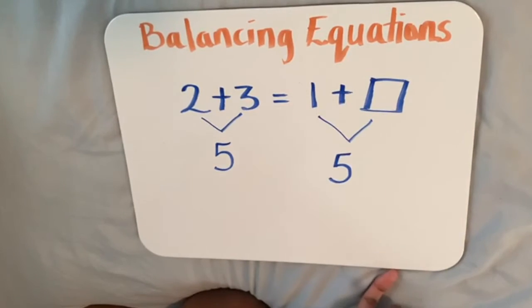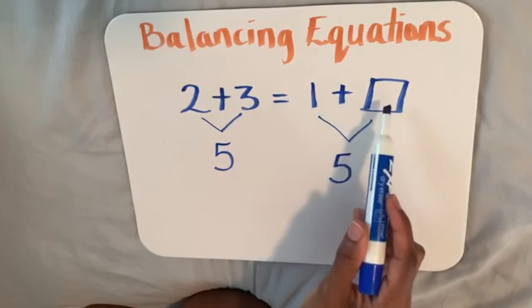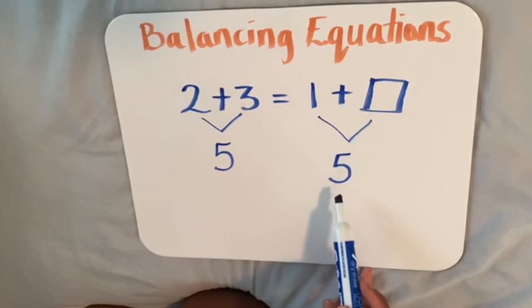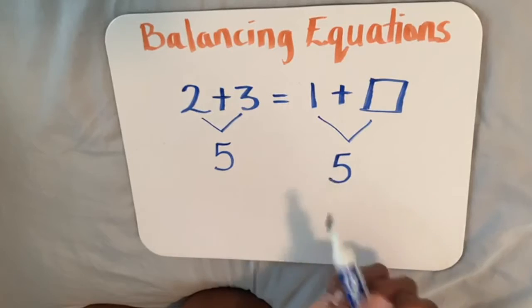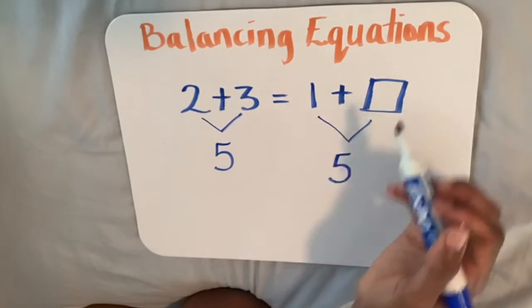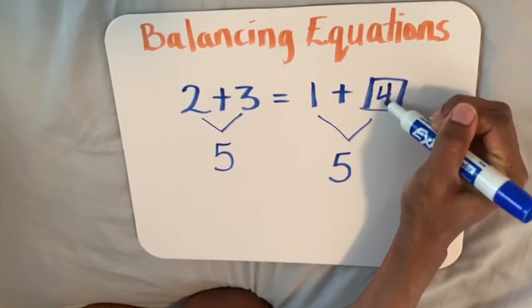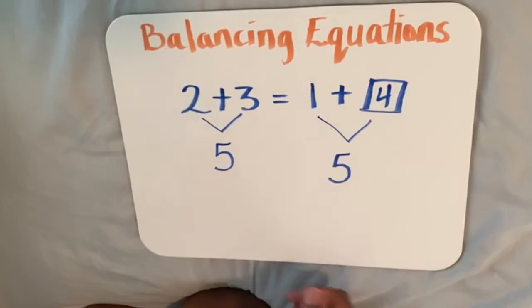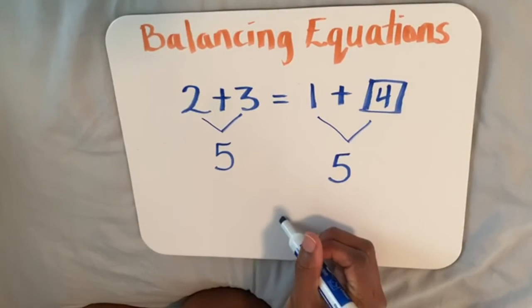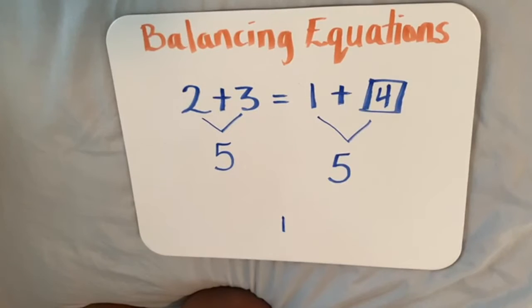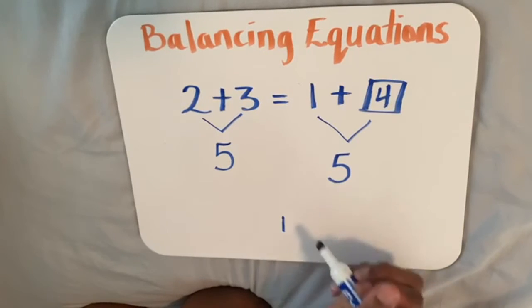Okay? Now I think, 1 plus what number is equal to 5? Oh, I know, 1 plus 4 is equal to 5. And if I don't already know that, I could figure it out at the bottom here. I can start with 1 and count up until I get to 5.